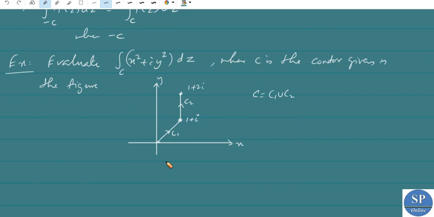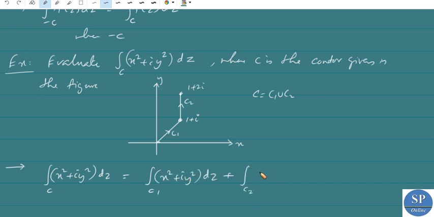We can express this integral as the integral over C1 of x square plus i y square dz plus the integral over C2 of x square plus i y square dz.